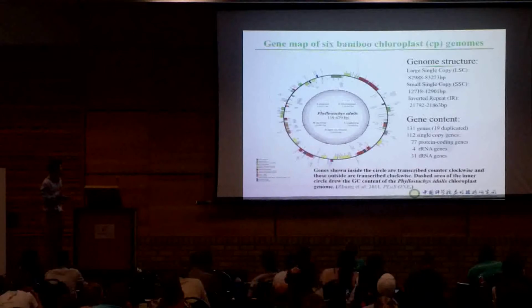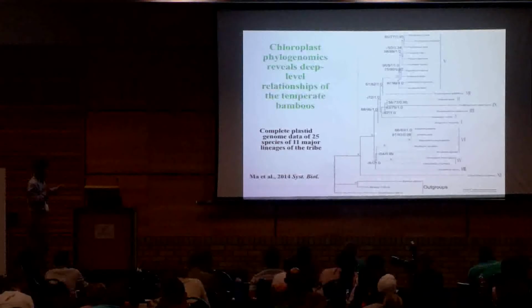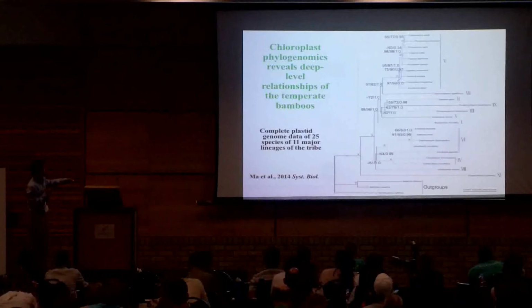And so we tried to sequence the whole chloroplast genome. And eventually, using the whole chloroplast genome, we can get some much better resolved phylogenetic tree, including some of the very long internode and some of the very, very short internode.